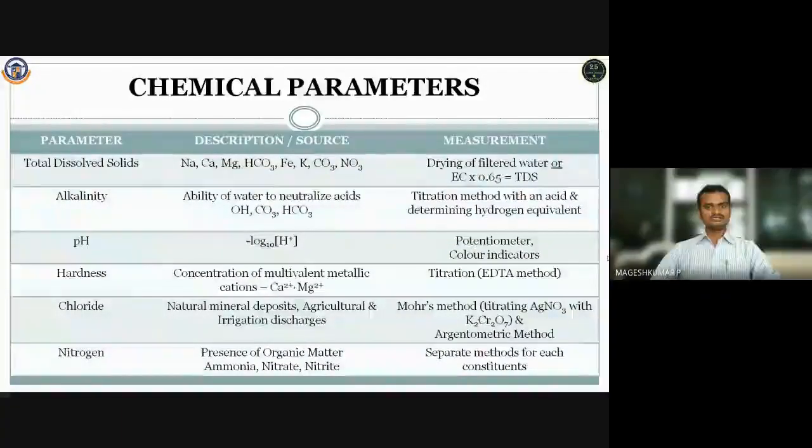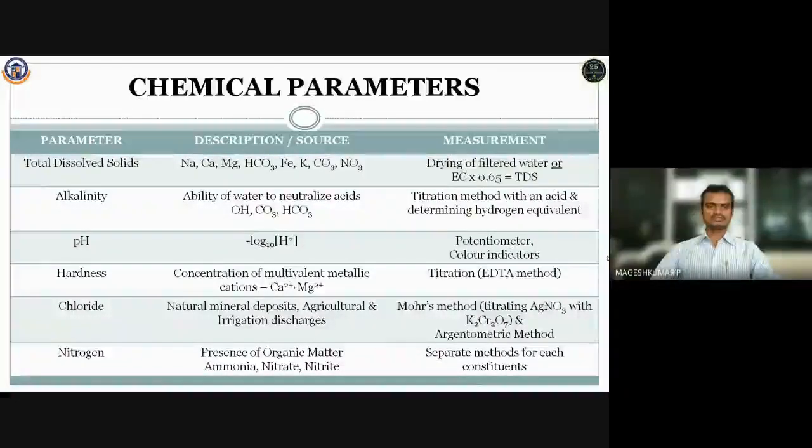So you can see now the sources and measurements. Total dissolved solids, as I said in the previous slide, is nothing but the combination of all the chemicals present in the water: sodium, calcium, magnesium, bicarbonate, iron, potassium, carbonate, nitrate. So everything comes under the total dissolved solids category.